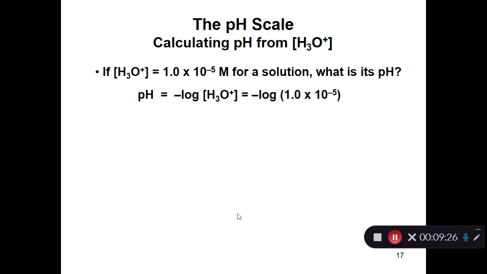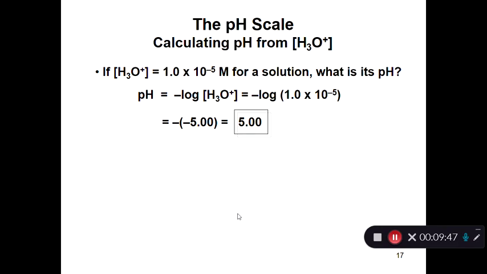Whenever the coefficient is 1 for your concentration, if you calculate it, you can easily get 5.00.